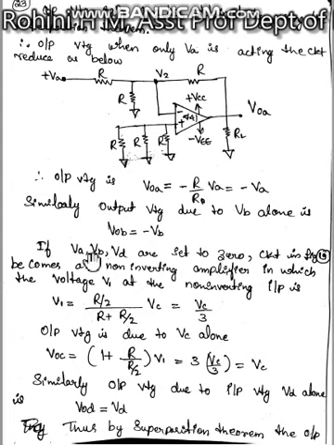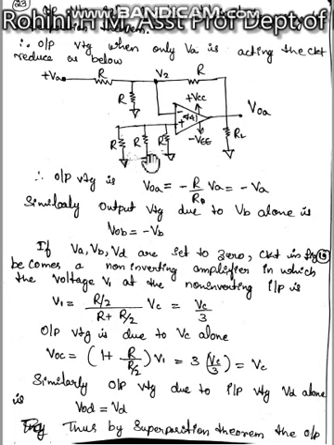Let us consider when only VC is applied: VA, VB, VD are set to 0, and it becomes a non-inverting amplifier in which V1, the voltage at the non-inverting input, is given by the voltage divider rule.